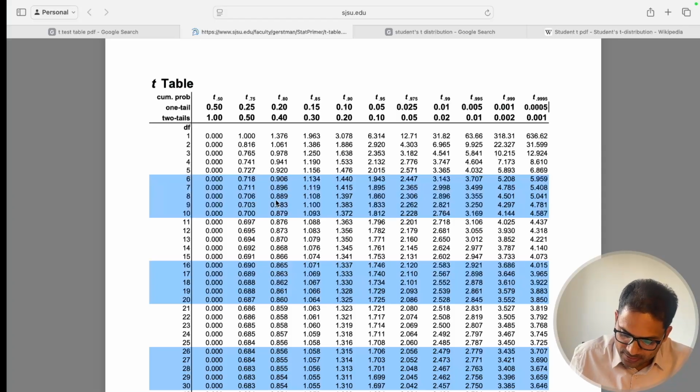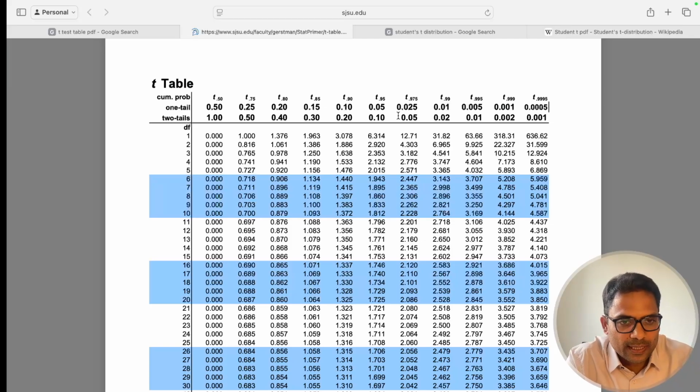And my alpha, significance level, is 0.05. So this is your one tail. Here t is 0.05, which is highlighted. If you come here and see degrees of freedom 1, 2, 3, 4, 5, 6, up to 17, 18, 19. Here 19, and at 0.05 this is the value, 1.729.